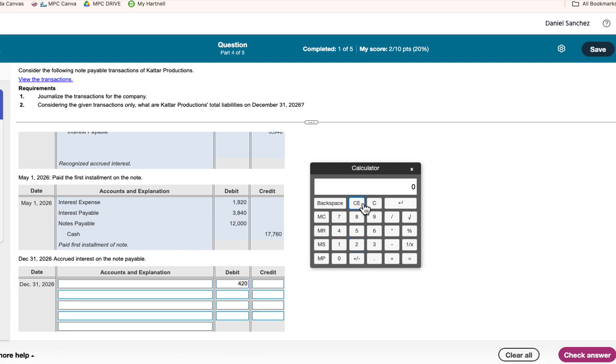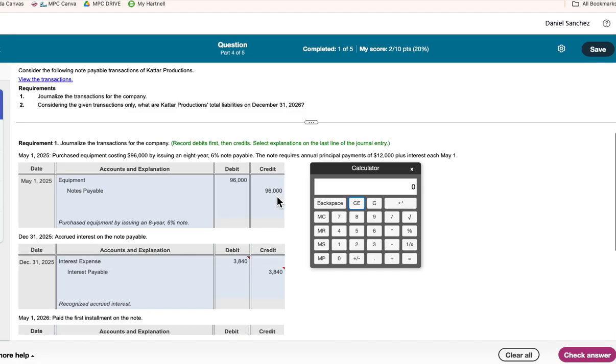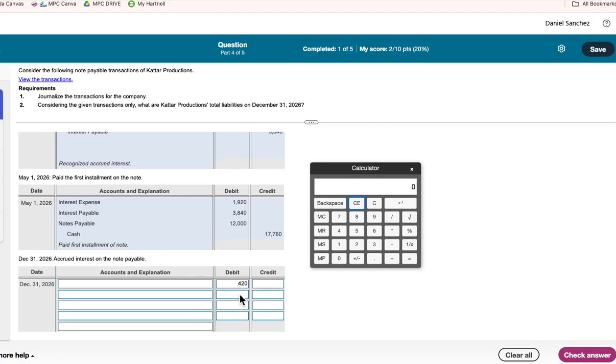Let's do the math again on my own calculator. And so I'm going to take 96,000. And I'm going to subtract $12,000 because that's my annual, and then I'm going to take that number and multiply it by 0.06, and that's going to equal $5,040, and then I'm going to multiply that by 8 divided by 12, and that equals $3,360.